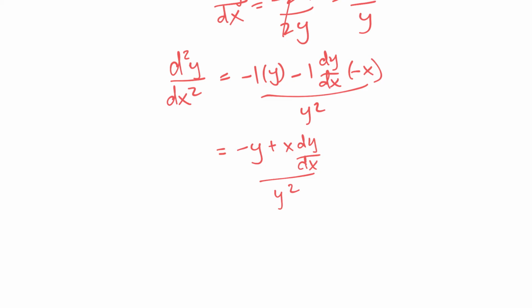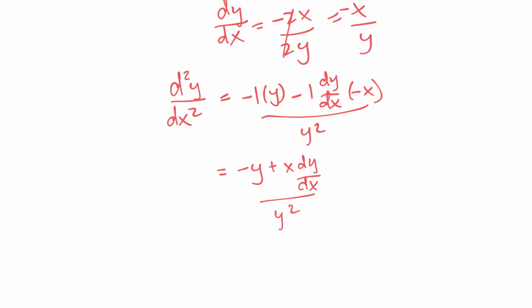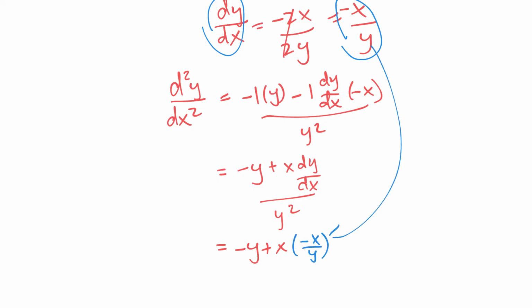And we've got to make sure that we have that right. And we can use a little bit of what we already know. We already know that dy dx is that. So we can substitute negative y plus x times negative x over y, that's dy dx, the original one, over y squared.